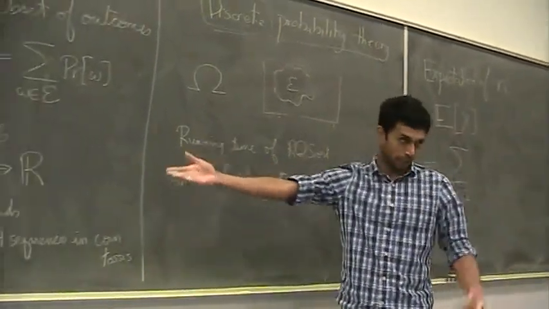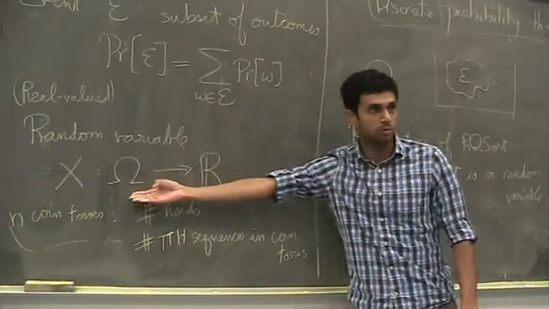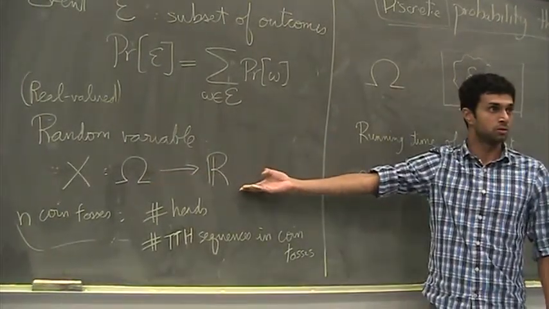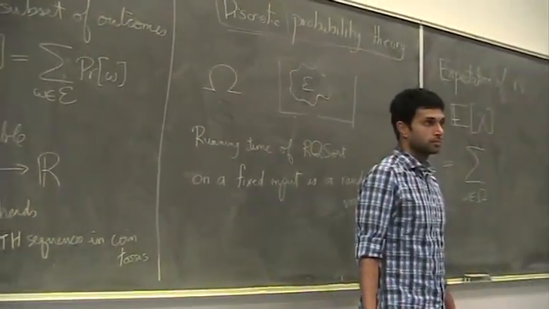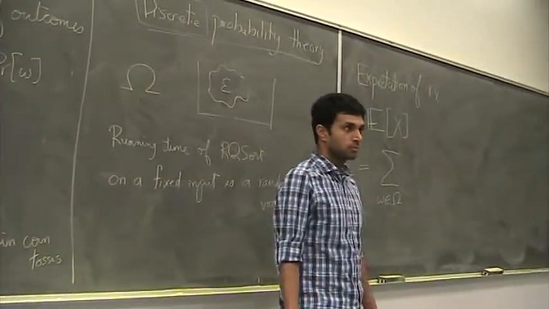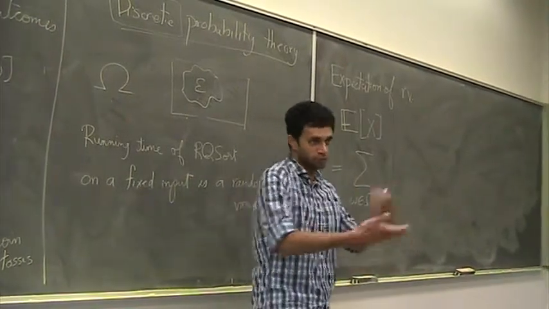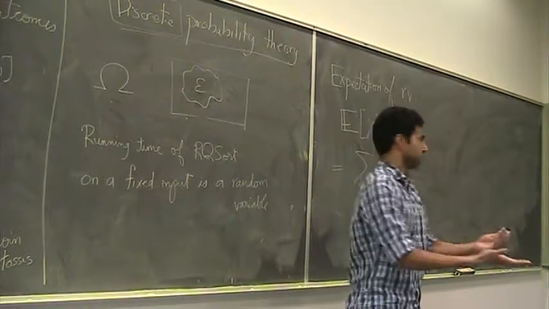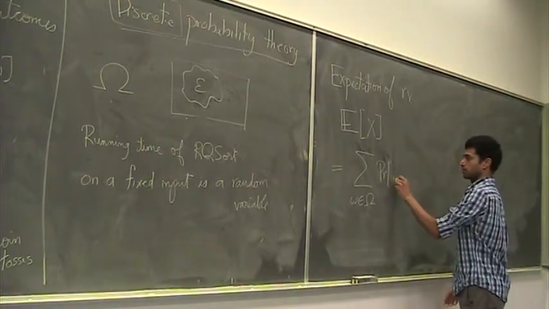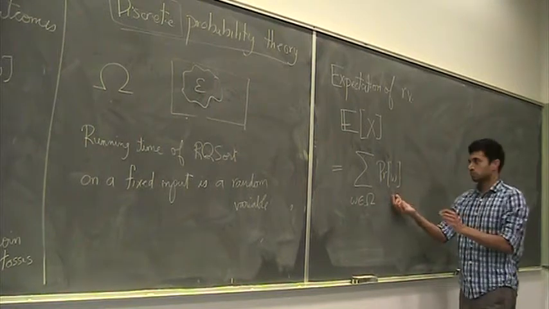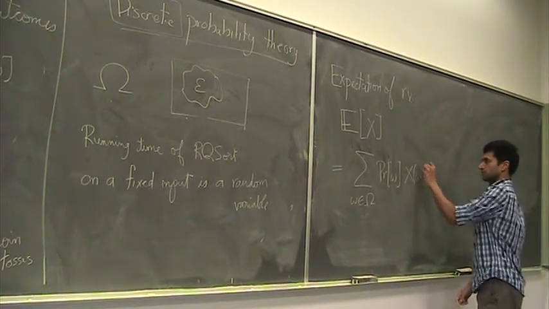The random variable, by definition, maps outcomes to some number. So the product of the probability of the outcome and the random variable at that outcome, which is now not random, it's fixed at that outcome. Formally, it's the probability of that outcome times the random variable at that outcome.